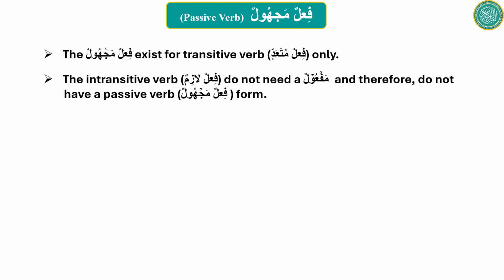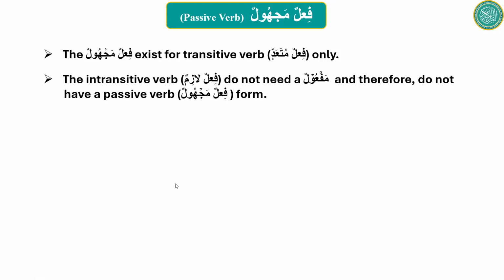So all the words in Bab karuma are fail lazim, intransitive verbs. They do not have a maf'ul, and therefore they do not have a passive form. You can come up with a word as we did, but it won't mean anything.